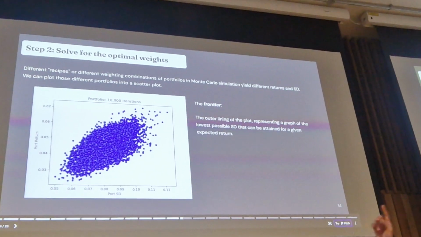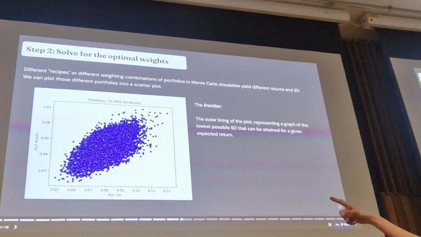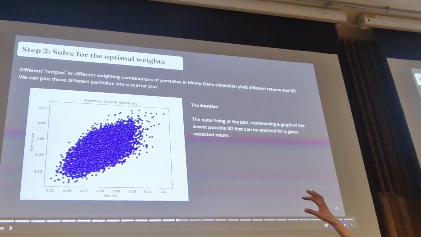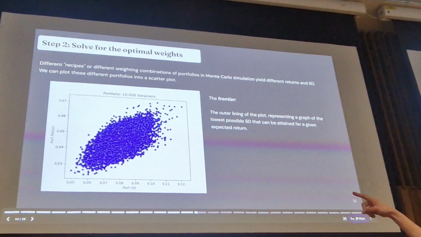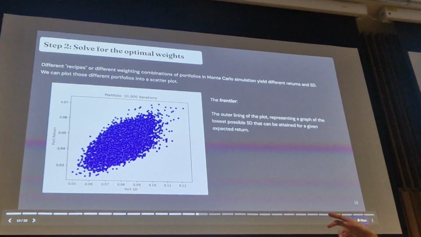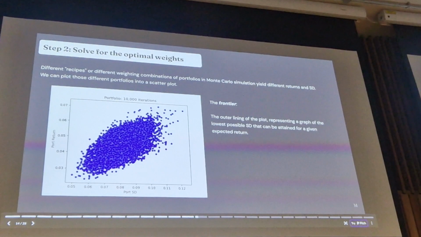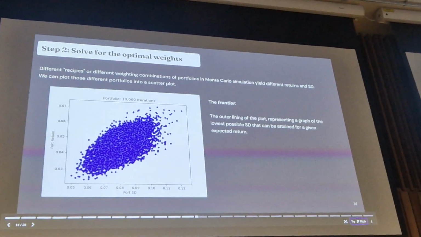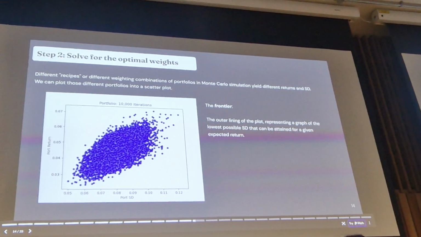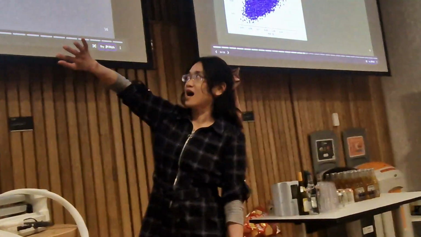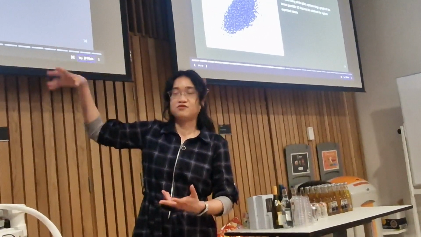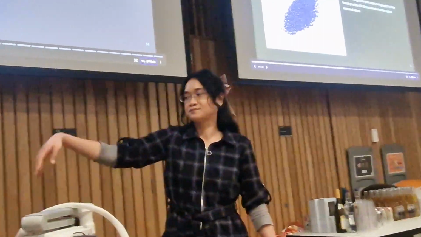Say I want a return of 5%, and then you draw a horizontal line, and then you meet the outer lining, right? And then you draw the vertical line below, so you can get a standard deviation of around 6.3, 6.5%. So anything inside the frontier lining is not efficient.